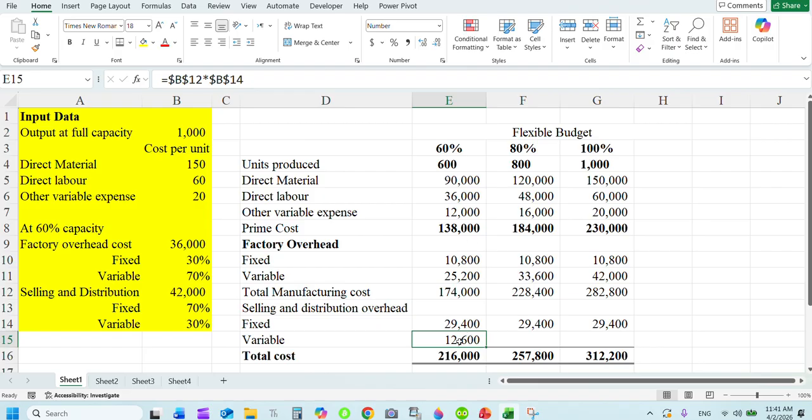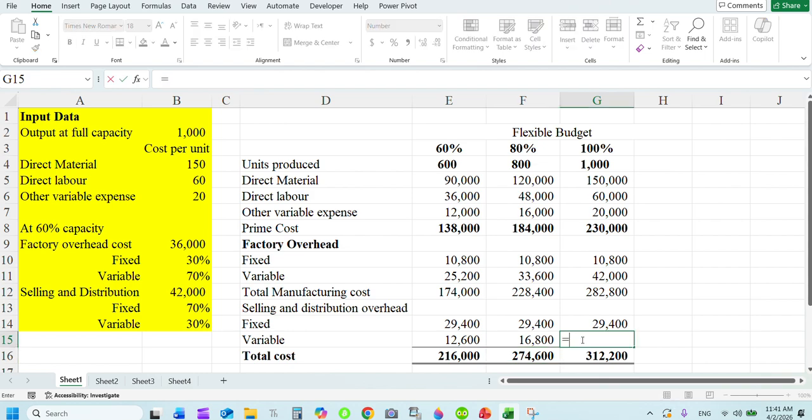So for 60% this much, how much is it for 80%? Grade 5 mathematics. I divide this by 60% multiplied by 80%. When it comes to this one, I can just drag it. For this one, this is for 80%, so I divide by 80% multiplied by 100% to suit this output level.